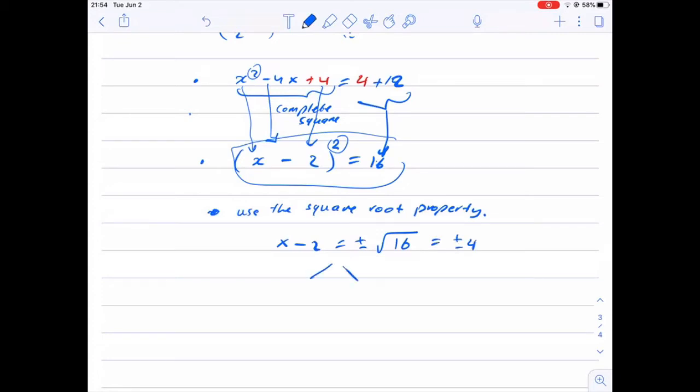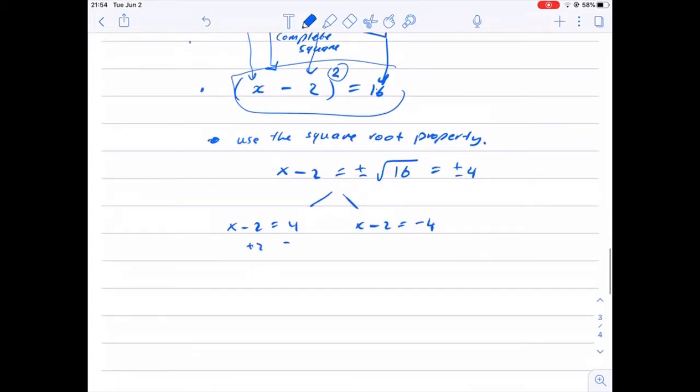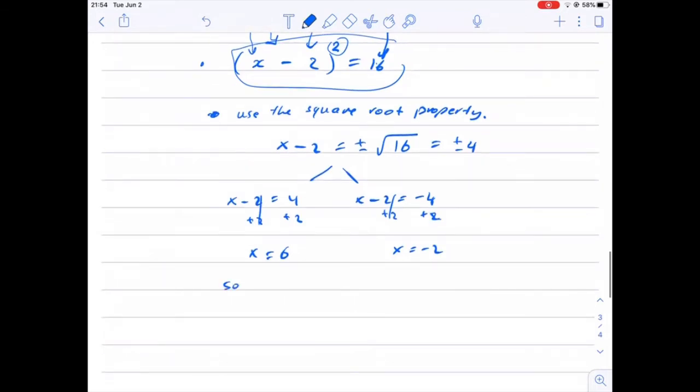So we have two equations. x minus 2 equals 4, x minus 2 equals negative 4, and then we solve these two linear equations. x equals 6 and x equals negative 2. So the solution set is negative 2 and 6.